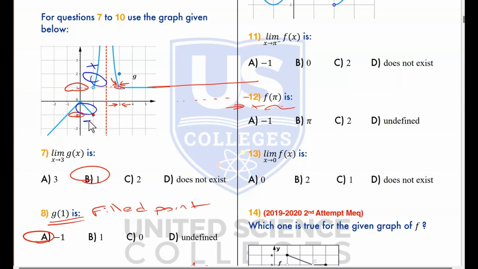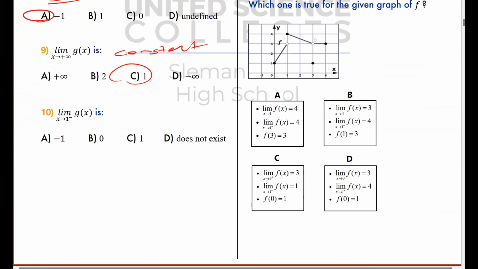This is left side. So let's focus on the left side. As x approaches 1 from the left, the function is heading towards that point. What is the value of that point? The value of that point is negative 1. Okay, my answer is A.